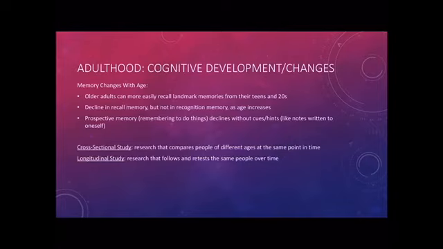The people who are 80 now never had cell phones growing up. They didn't have the internet. They didn't have all sorts of these things. And so there's potential confounding variables in a cross-sectional study because these people did not have the same exposure or life experience as the other people did.